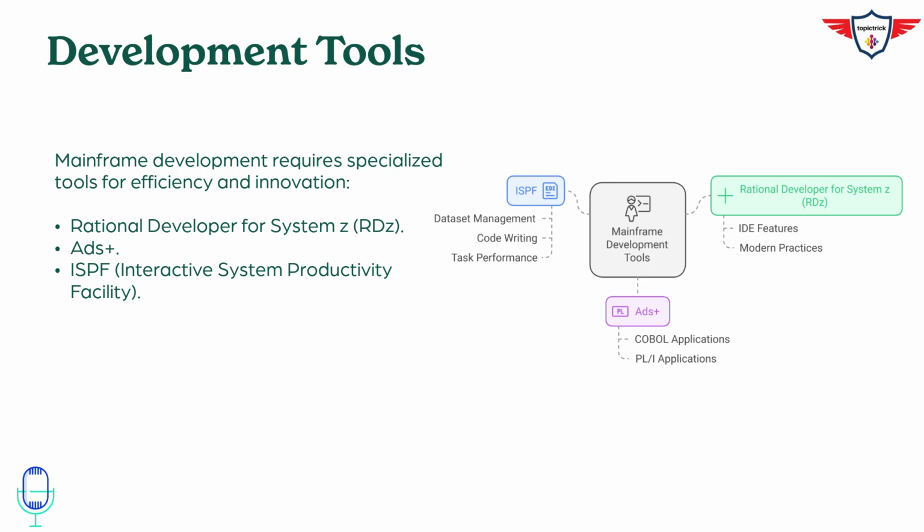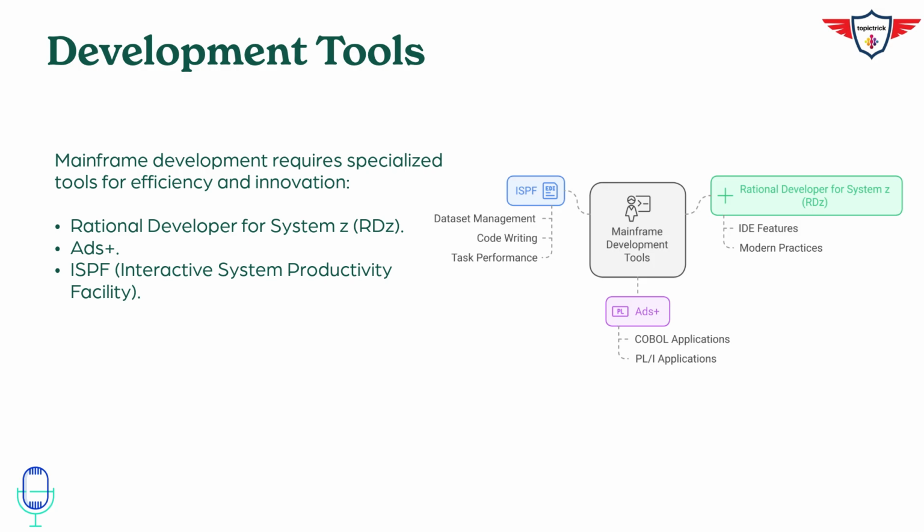It is. Now, what about ADS+? Where does it fit into the development picture? So ADS+ is a specialized tool that's designed for generating COBOL and PL/I applications. Languages that are still very widely used on mainframes today. So it's like a code generation wizard. It automates a lot of repetitive tasks and helps developers write code more efficiently.